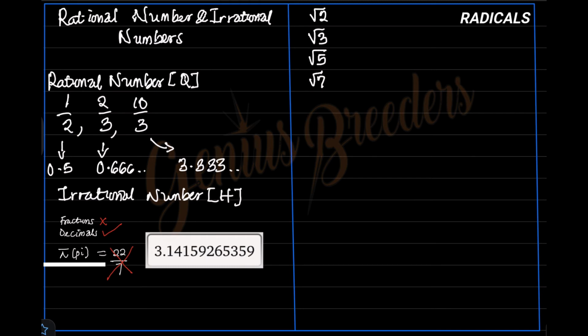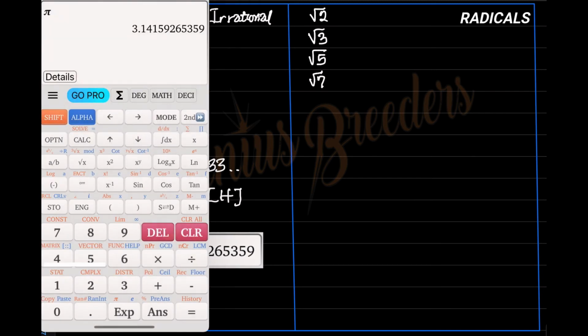If we bring out our calculator and press root 2, the symbol of root is right here, and we put the 2 into that symbol, we have our answer here.